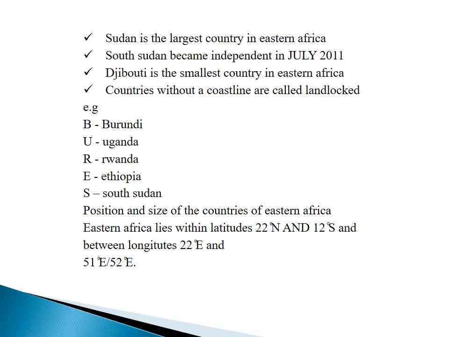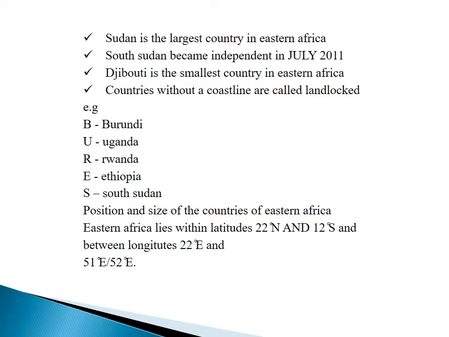It got its independence in July 2011. Initially we used to have 10 countries, but now after the independence of South Sudan, we have a total of 11 countries.